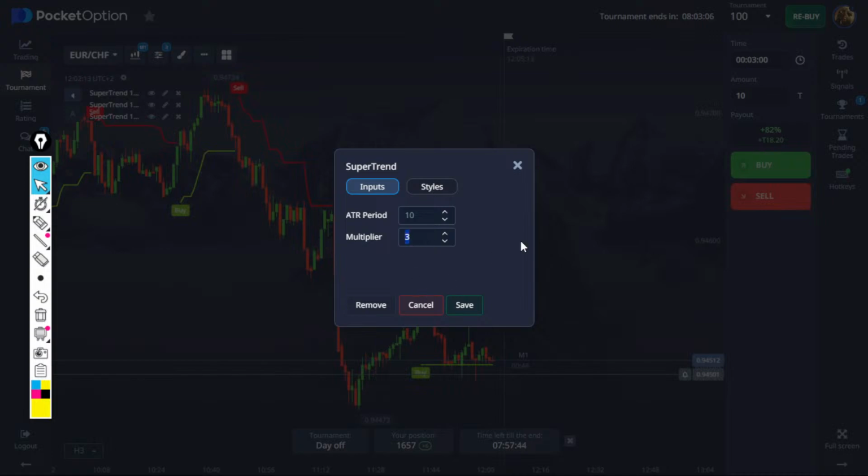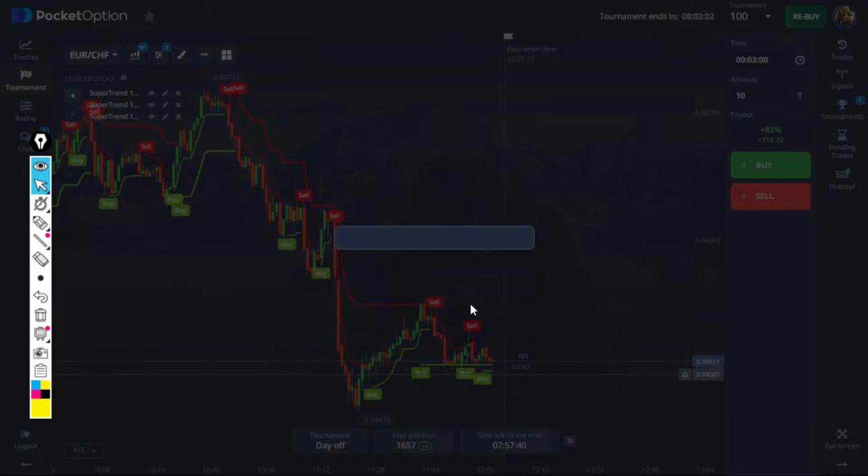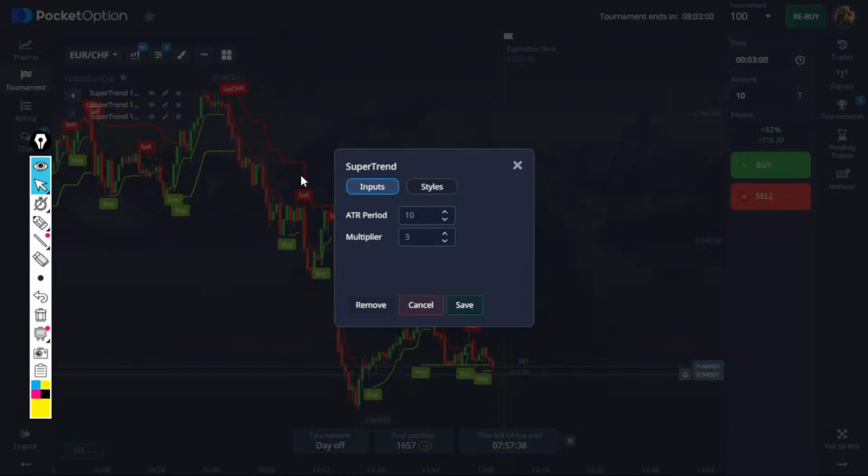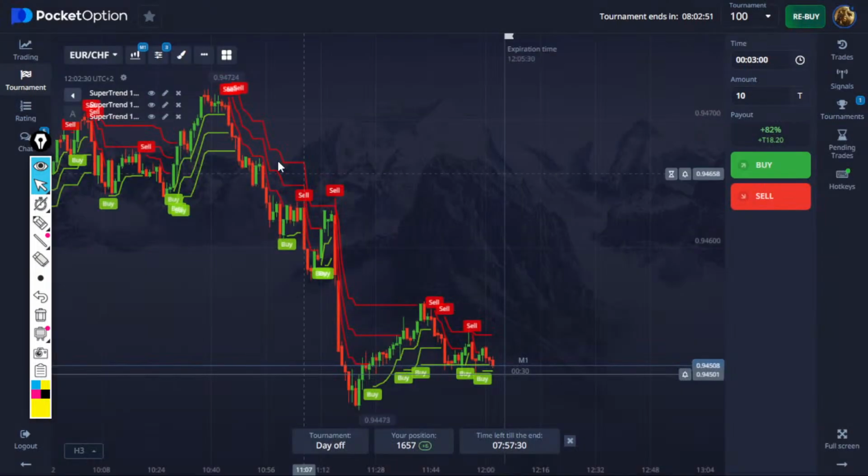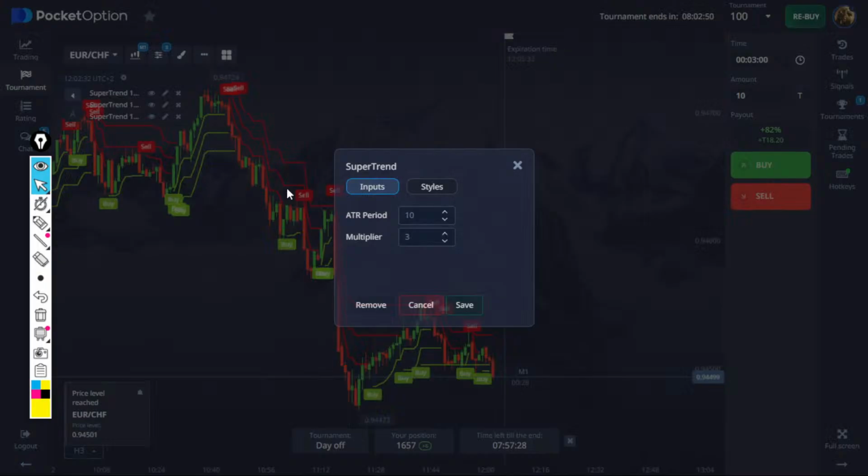So first one is going to be an ATR of 10, multiplier of 1. The next SuperTrend will have an ATR of 11 and a multiplier of 2. The third is going to have ATR period of 12 and a multiplier of 3.